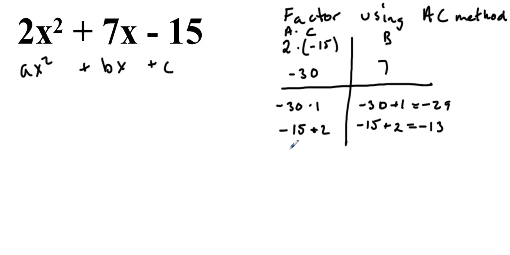How about negative 6 times 5? Negative 6 plus 5 equals negative 1, so that didn't work either.